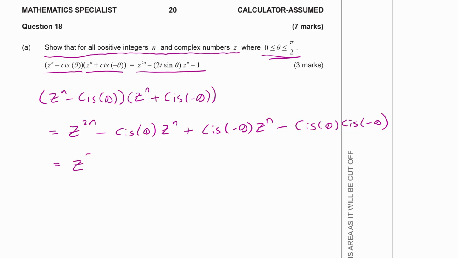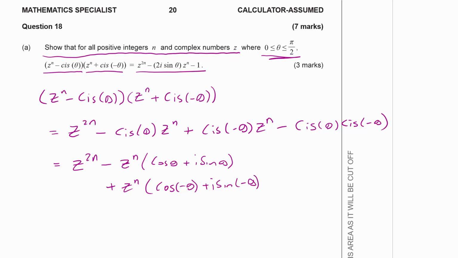So that is z to the 2n, take away z to the n into cos theta plus I sine theta, plus z to the n into cos negative theta plus I sine negative theta.